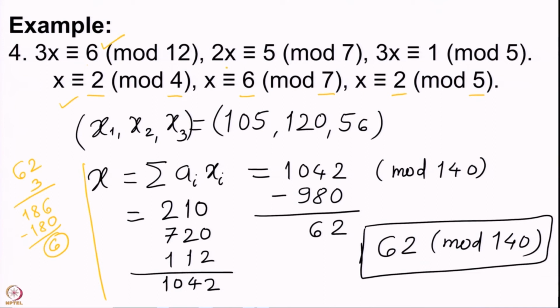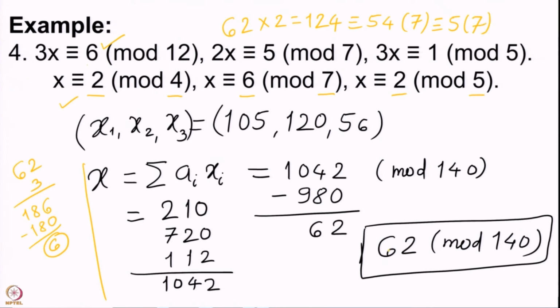We multiply 62 by 2. So, 62 into 2 is 124, and when you want to remove multiples of 7, so modulo 7, 124 is 5, which is indeed 5 modulo 7.